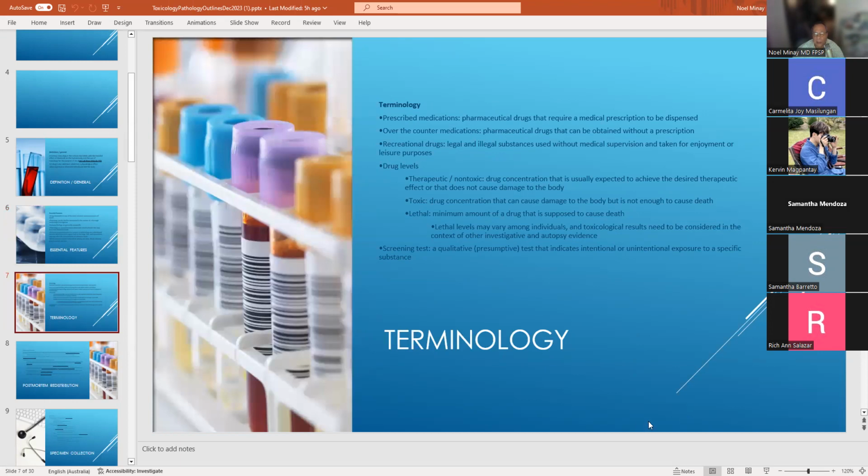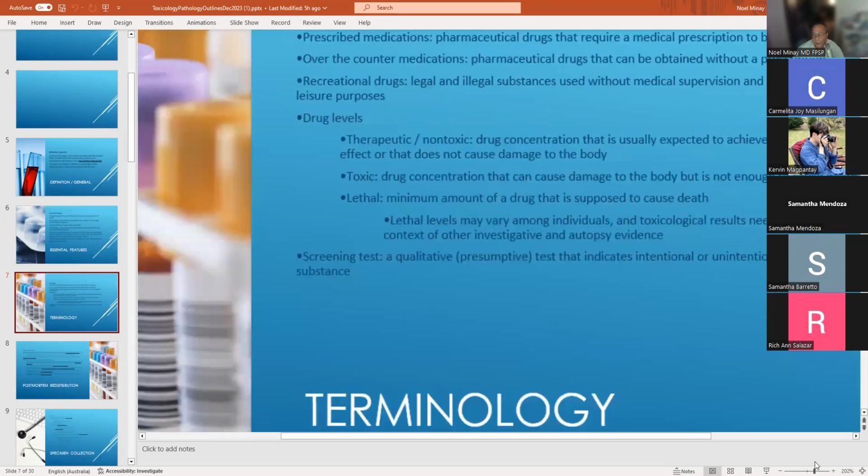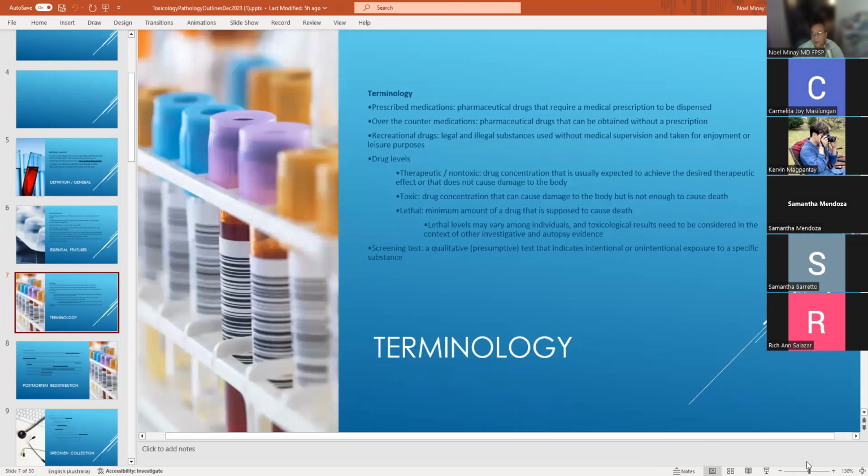Now, what are the terminologies in forensic testing? Forensic toxicology. So we have prescribed medications, those who have received a doctor's prescription to be used as prescribed on the prescription pad. However, there is a misuse of the prescribed medication when it's used in an overdose manner.